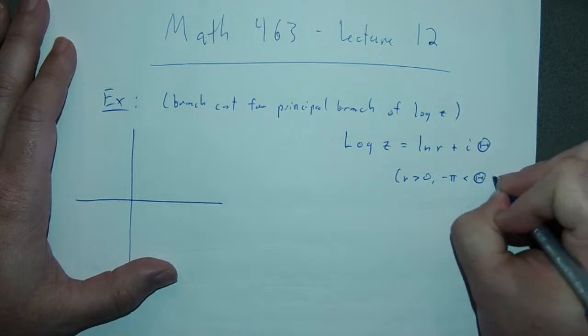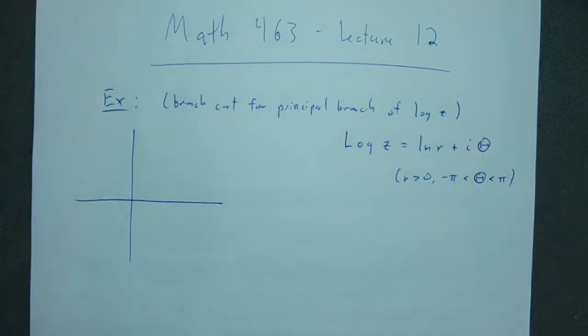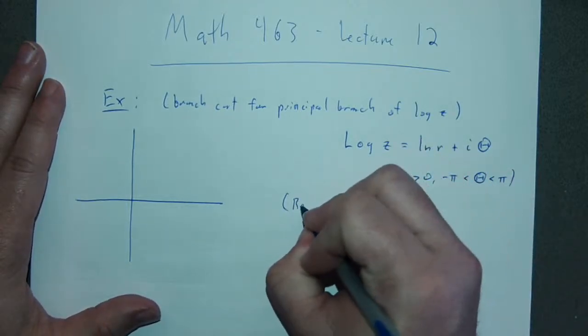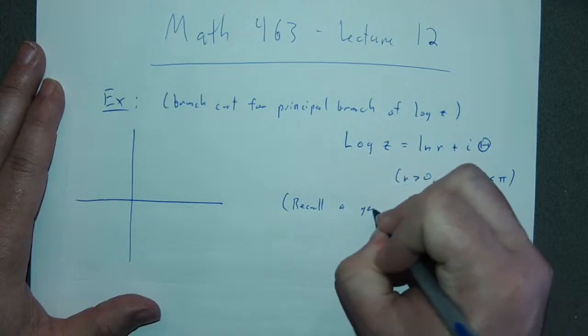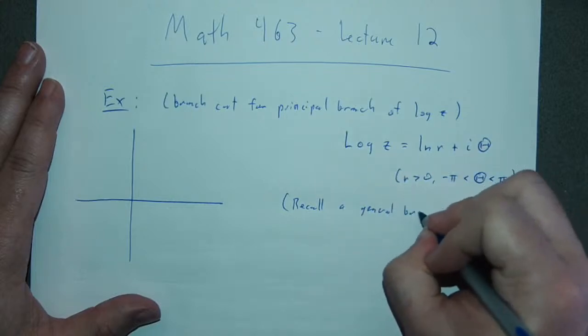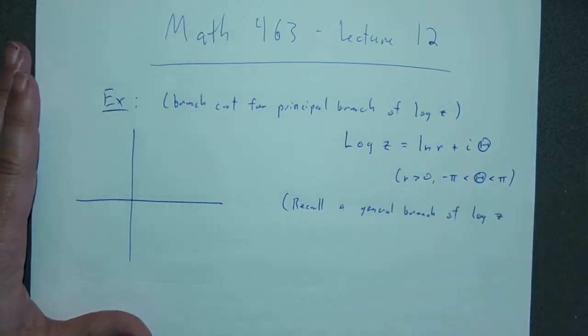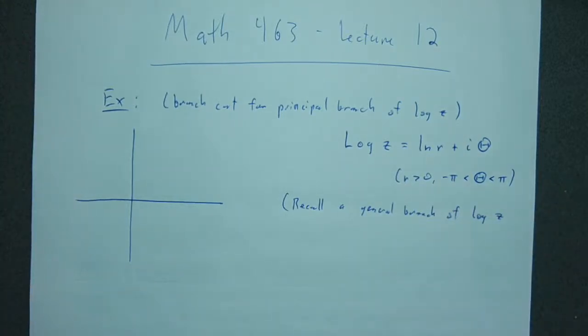I mentioned yesterday that we choose theta strictly between minus pi and pi because, if I am looking to define a general branch of the log instead of the principal branch, recall that a general branch of log z is defined in the following way.